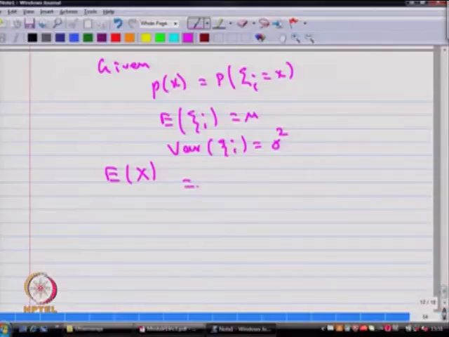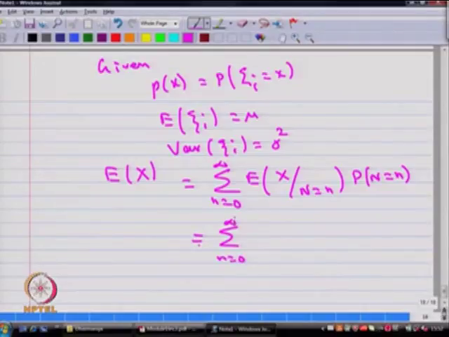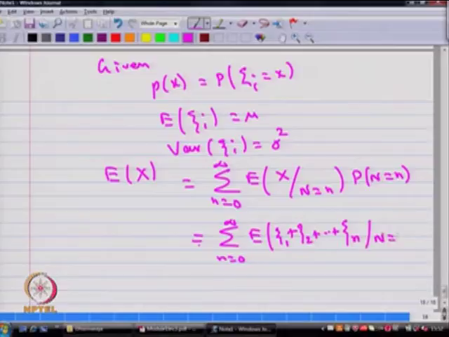Therefore, this expectation can be computed as summation n is equal to 0 to infinity of the conditional expectation of X given capital N takes a value small n, multiplied by the probability mass function of capital N, that is same as summation n is equal to 0 to infinity of expectation of psi 1 plus psi 2 and so on plus psi suffix small n given capital N takes a value small n, multiplied by the probability that N takes a value small n.